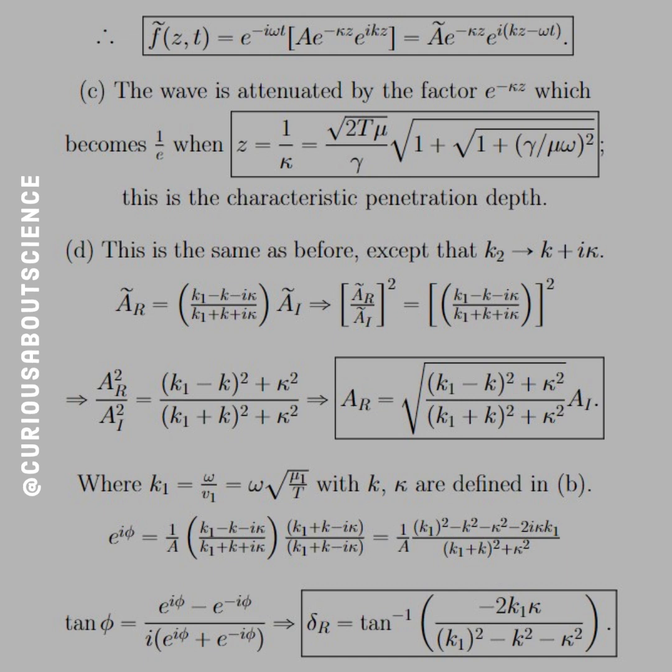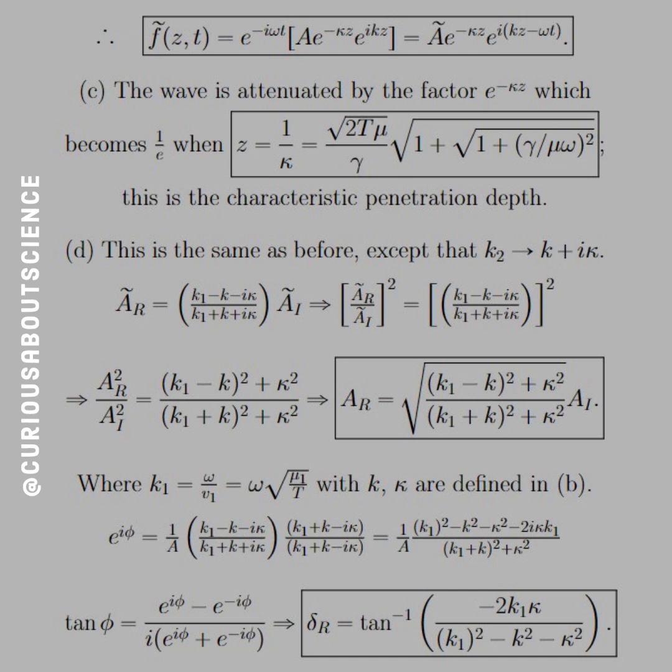When really all we want is the ratio of the amplitude, where k1 is equal to omega over v1, and then we know that v1 is equal to the square root of mu1 over rho, with k and kappa defined in B.